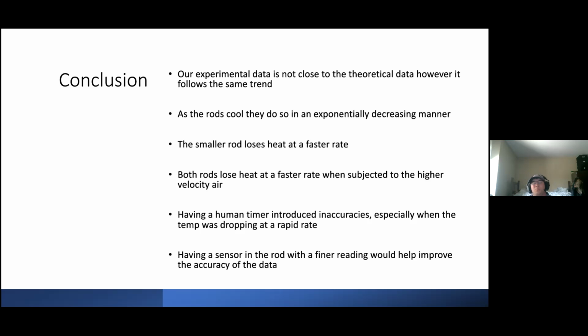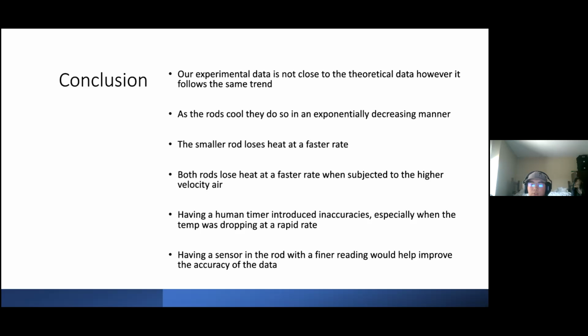Having a human timer introduced inaccuracies, especially when the temperature was dropping at a rapid rate. So at the beginning of our trials, the temperature was bouncing all over, and it might skip 225. It might go from 226 to 223. And so where do you draw the line? That made it hard for us to find the exact time.